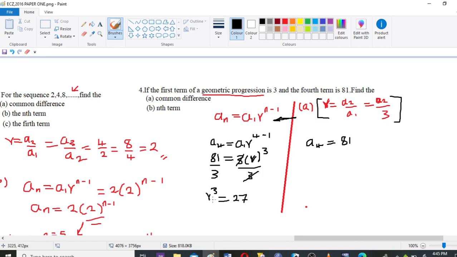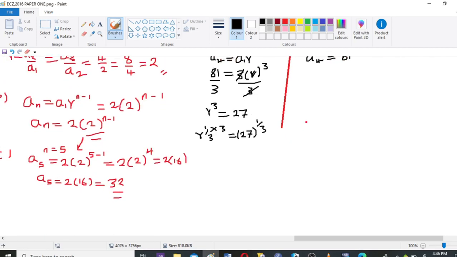Now what are you going to do here? You multiply both sides, the power by its reciprocal. That is, you're going to have 1 over 3 here multiplied by 3, is equal to 27 here multiplied by the power, so that will be raised to 1 over 3. So what are we getting?